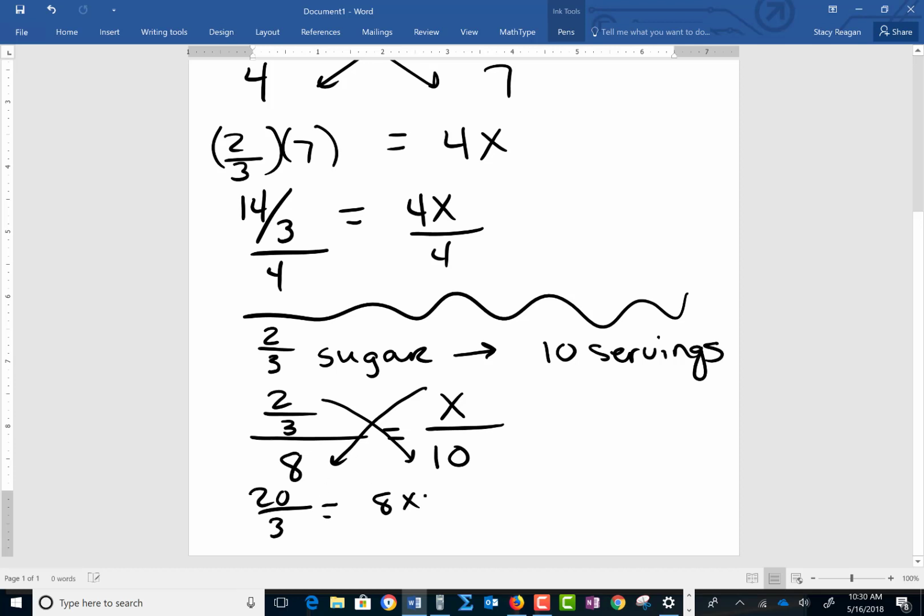And 8 times x is 8x. So then I would take my calculator and divide both sides by 8. So I would do 20 over 3 divided by 8. And I would get 5/6. So for my recipe, if I wanted 10 servings, I would need 5/6 of a cup of sugar. So that's an application for this type of thing.